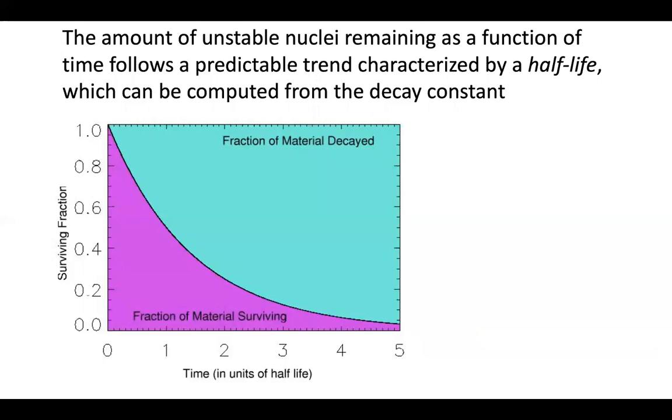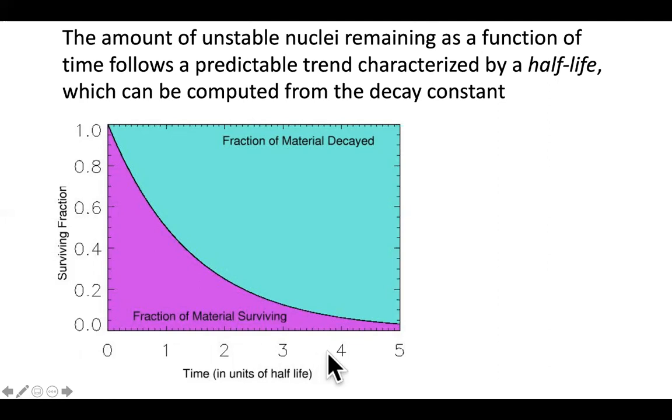If we instead of just looking at what happened over the course of a particular chunk of time, make a plot of how much of the material has decayed over time, we can make a graph like this. This is just a version of a plot that you can also find in the book. This shows, if you had a pure amount of material at some starting point, how much of that material will have not transformed as a function of time.